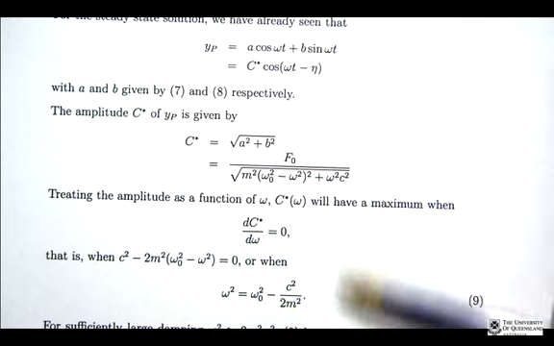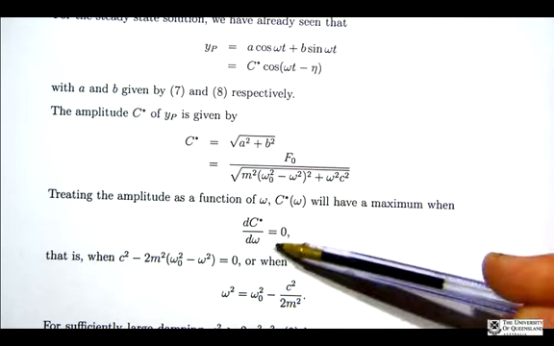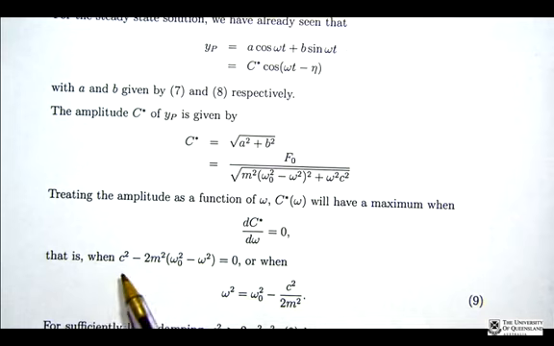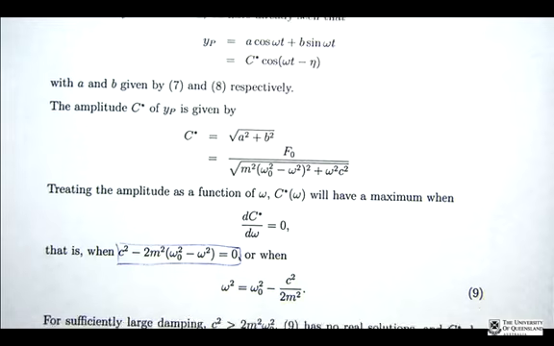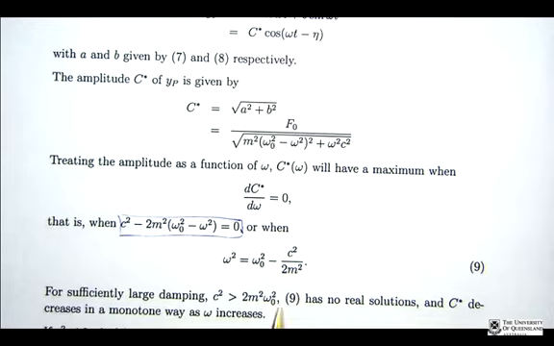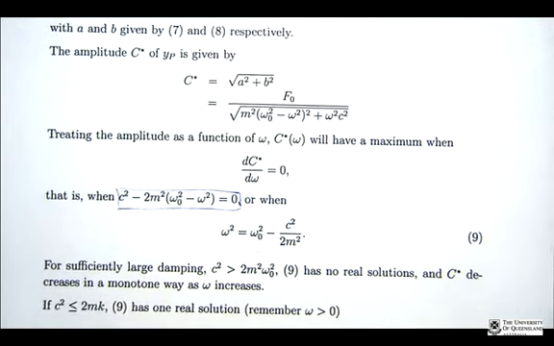I won't do that explicitly, but the result that comes out of that is that we require this equation to hold by setting this derivative to be 0, and it turns out that can give rise to a local maximum. In other words, when omega squared is equal to this expression in terms of all the other parameters in the model, including the natural frequency of the system.